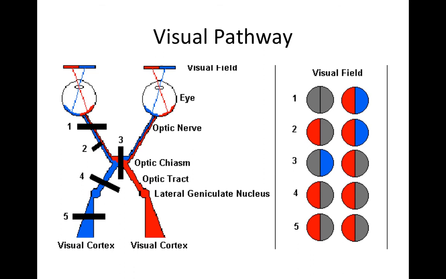If we go to number 2, we are seeing partial damage to the left optic nerve. So here, the information is going to be dependent on, did we lose the lateral aspect or the medial aspect of the nerve?